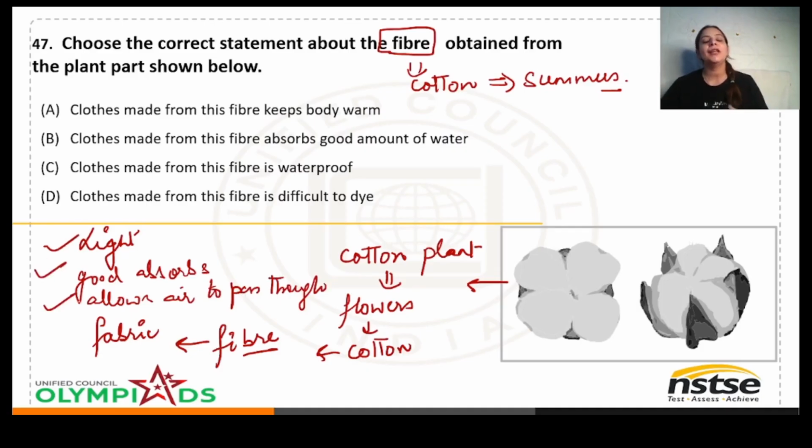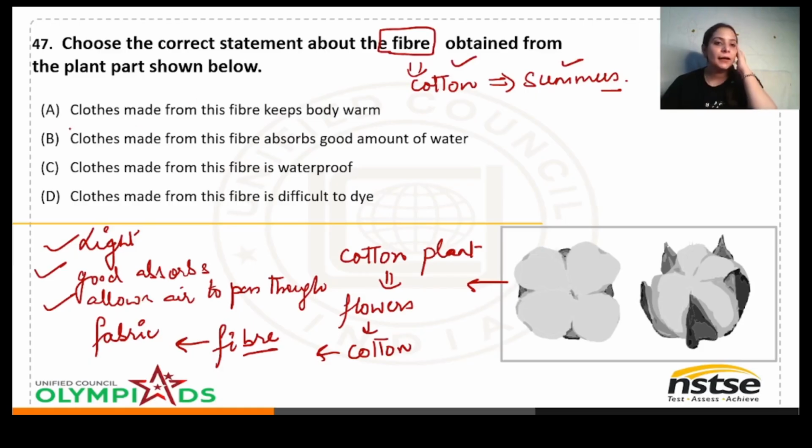That is why during summers when you wear cotton, you feel more comfortable. But if you wear synthetic clothes, they will not allow air to pass, and your sweat will not evaporate, and you will feel more sweaty during summers. That is the reason we prefer cotton clothes.